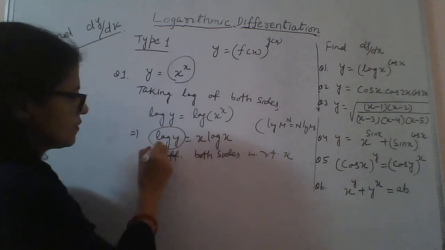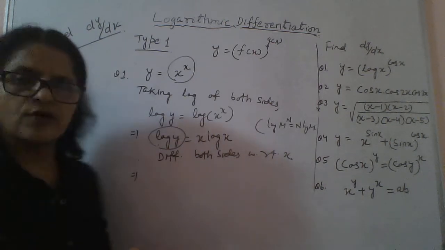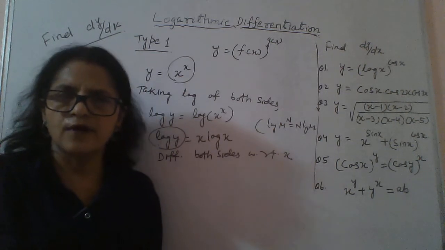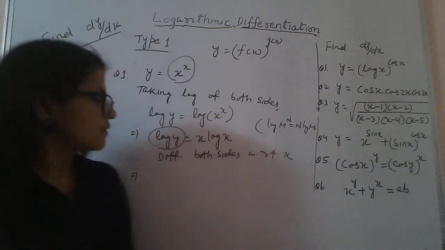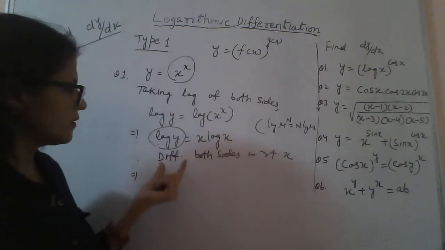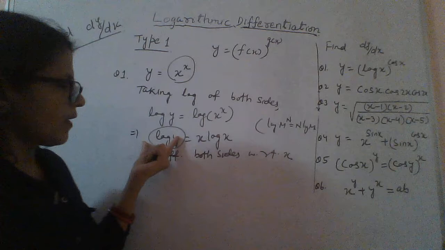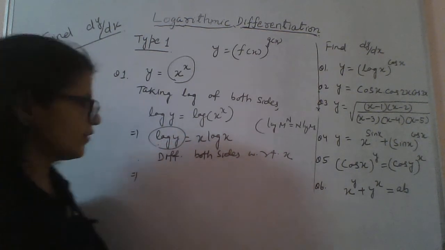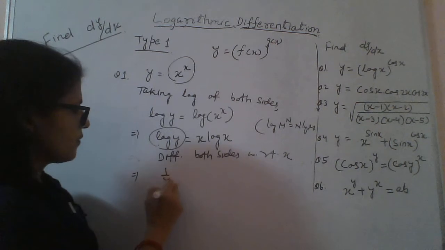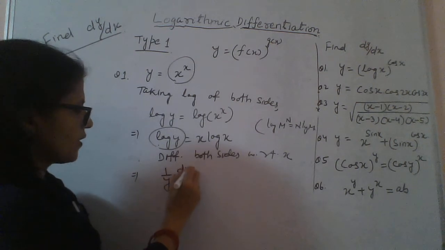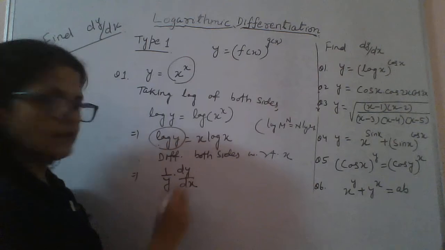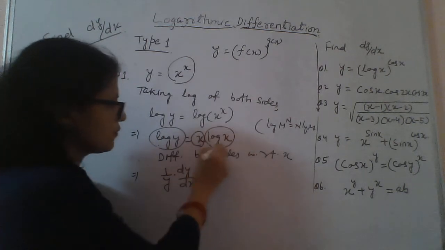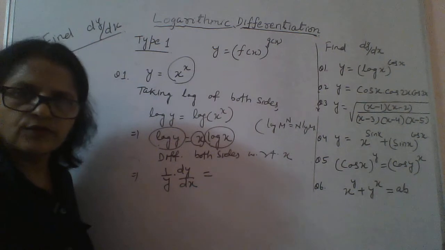You see, log y is a function of y, and y is a function of x. So whenever you find d by dx of log y, first log y with respect to y, which is 1 by y, into y with respect to x, dy by dx, equals, here you have x into log x. It is u into v.